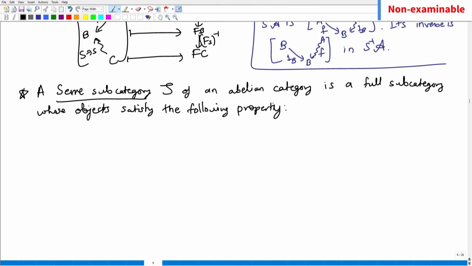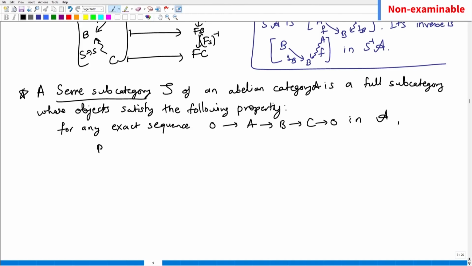For any short exact sequence 0 to A to B to C to 0 in the abelian category, B belongs to S if and only if both A and C belong to S. In words, whenever you are given an object in the Serre subclass, then its subobjects are also there.